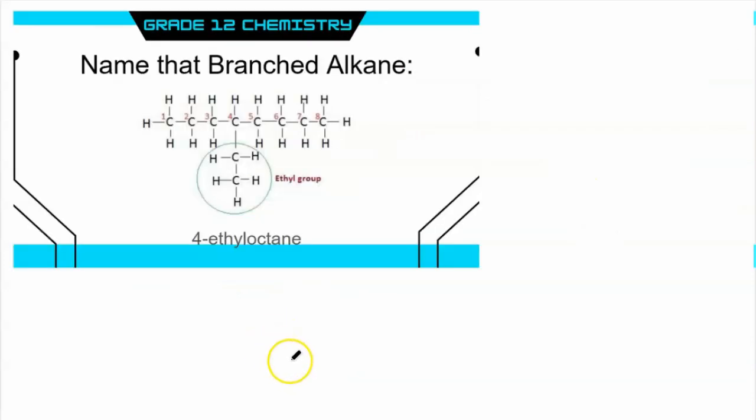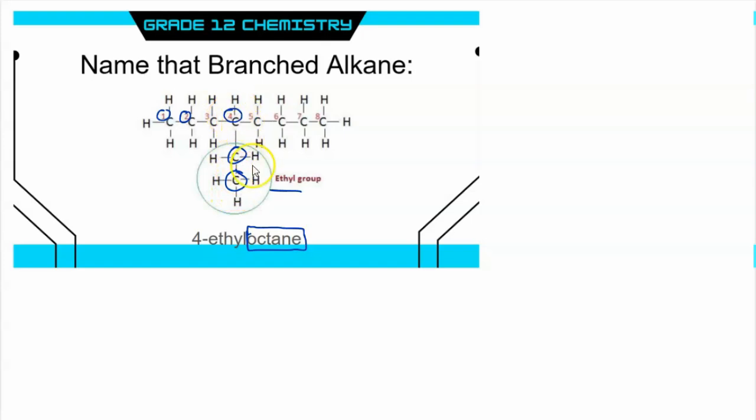Alright, so let's go over an example of this and put it together. Here we have our parent chain that I've already labeled 1, 2, 3, 4, 5, 6, 7, 8. So there's 8 carbons in our parent chain. That is octane. And then we can see we have a 2 carbon chain or an ethyl group attached to the 4th carbon.